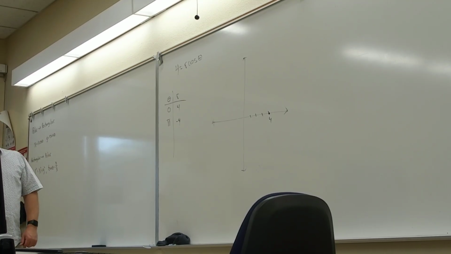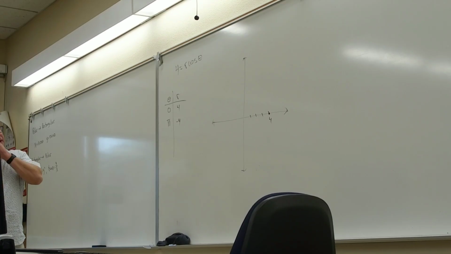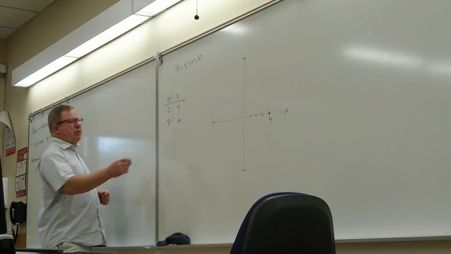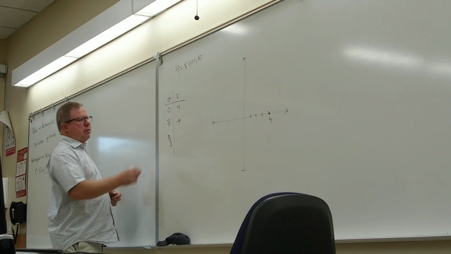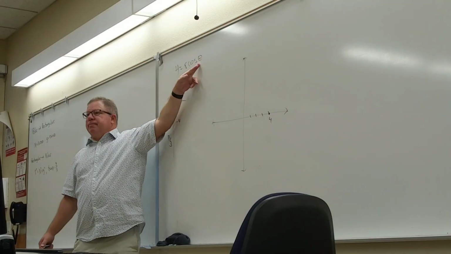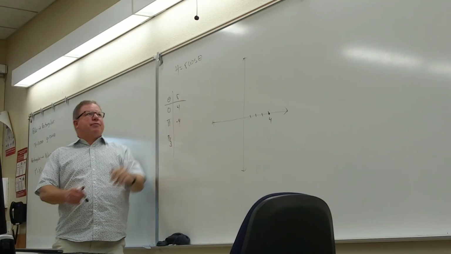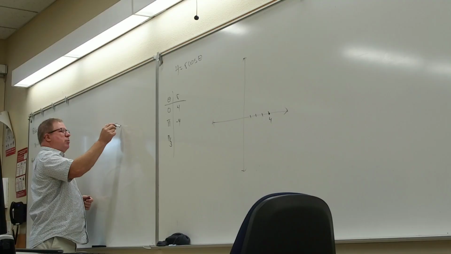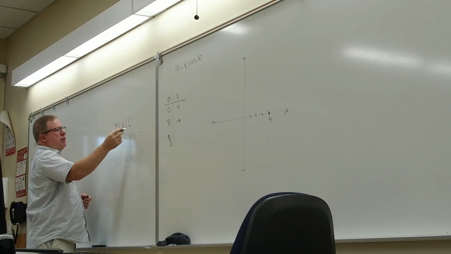All right, let's do something in between. Let's do pi over 3. What's cosine of pi over 3? 1/2. So you're going to have 4 equals r times 1/2.